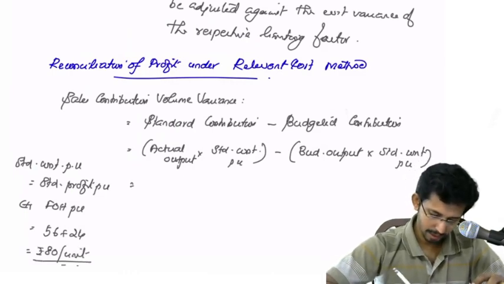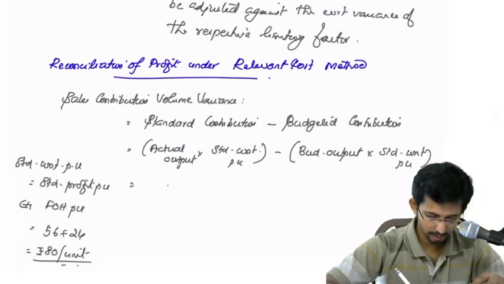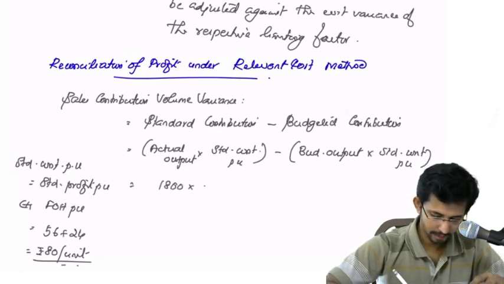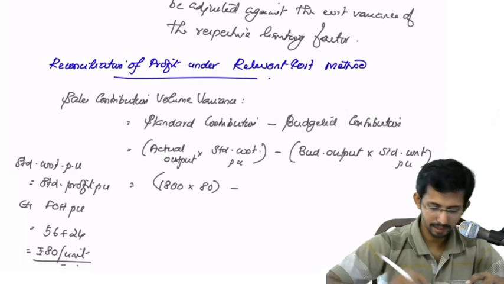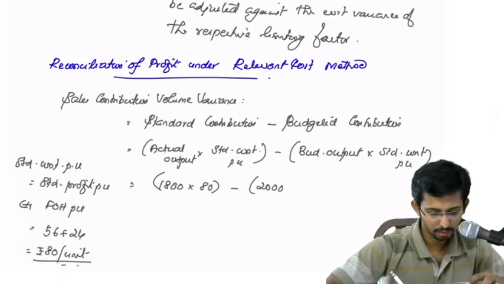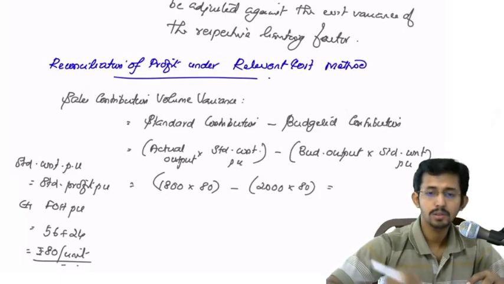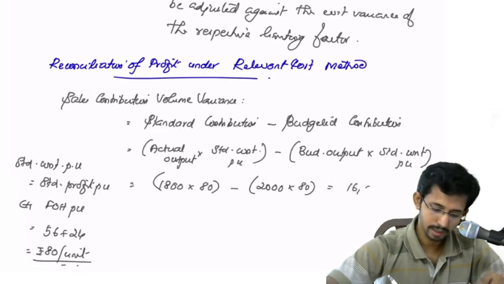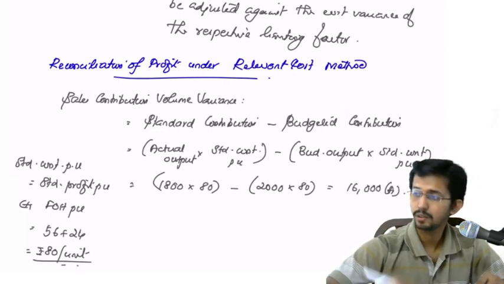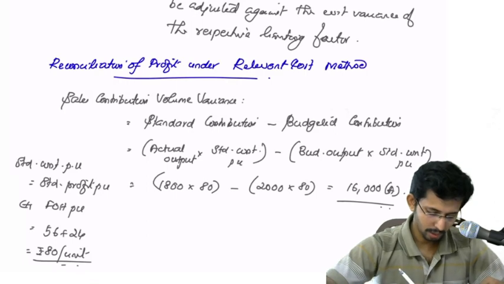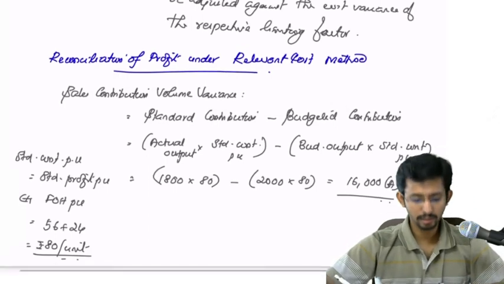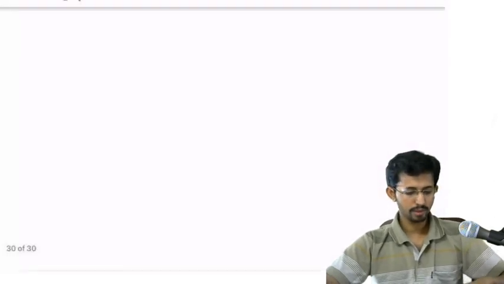Okay, so actual output is 1800 into 80 minus budgeted is 2000 into 80, so that is equal to 16,000 adverse, because actual standard contribution is lower than the budgeted contribution. Okay, so this you have done.